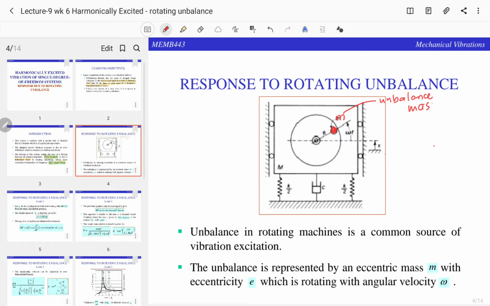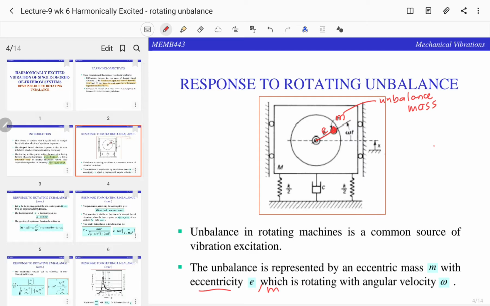This mass is modeled to be located at what we call e, or the eccentricity distance. So the unit of e is basically meter.